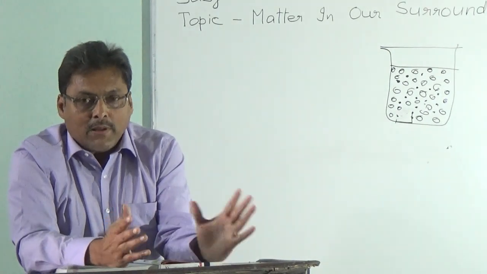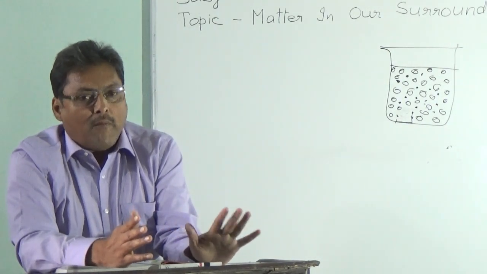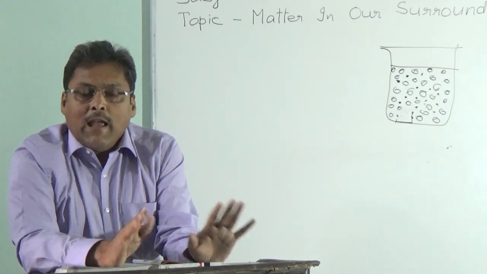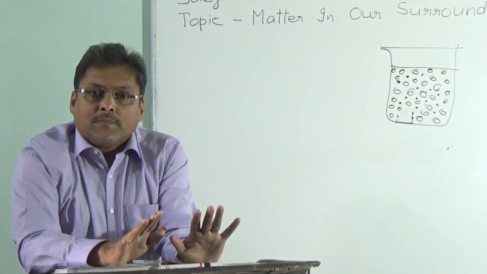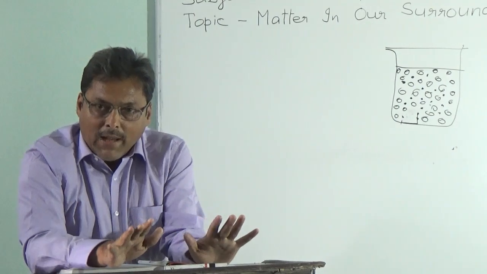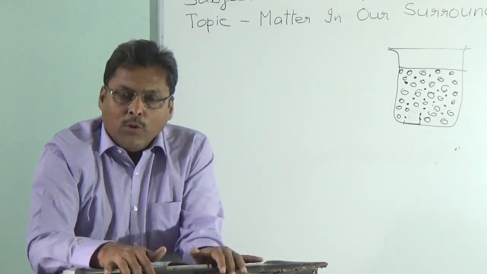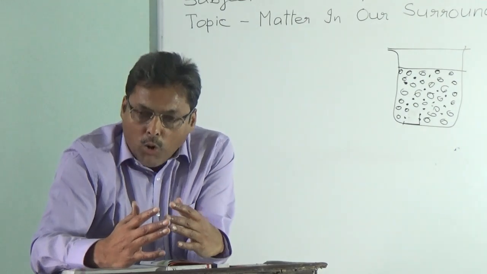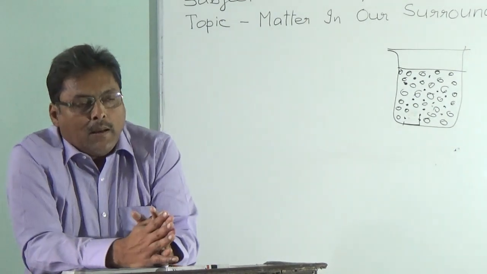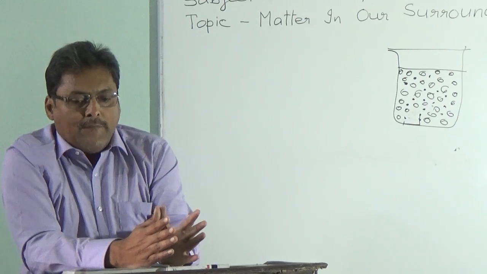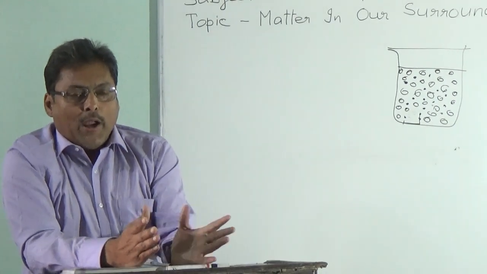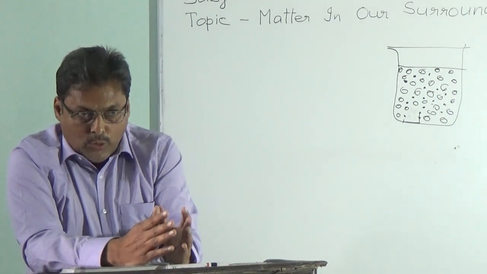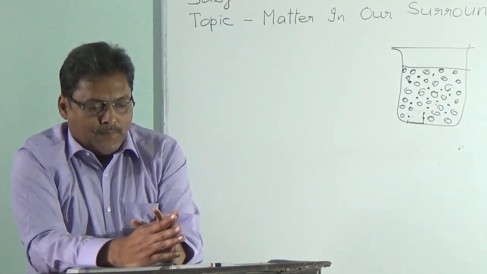Two axioms: matter is made up of very small particles, and the particles of matter, be it atom or molecule, are always in motion. Naturally, if we look at these two points, we get two more points out of it.